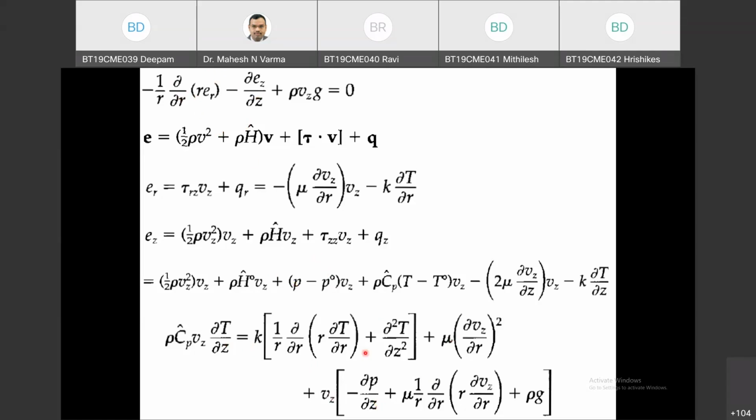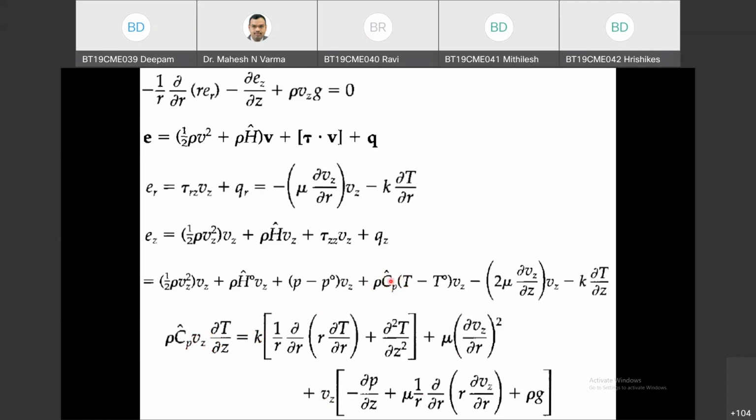Substitution and rearrangement: you collect all the terms consisting of K, Vz and mu. This is one term, Vz, you keep it on the LHS. So one term, this you can say rho CPT.